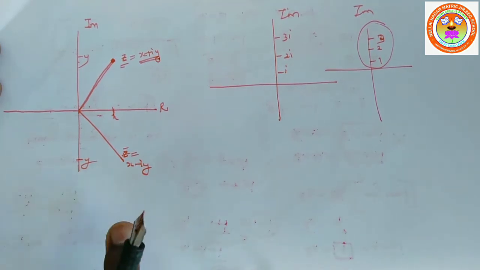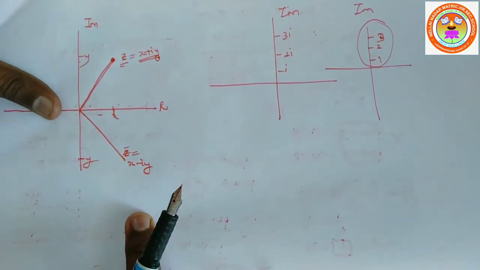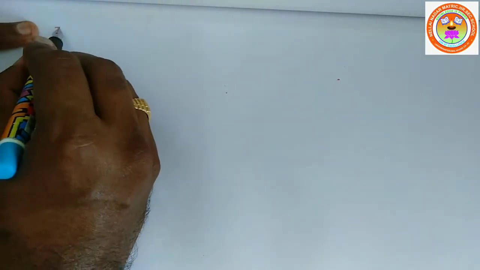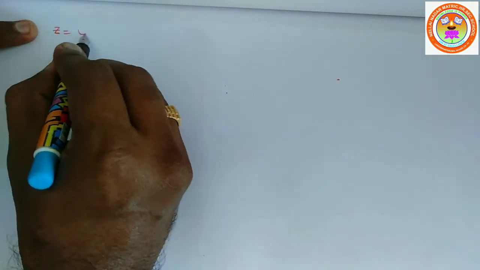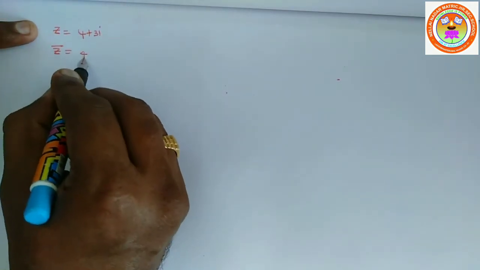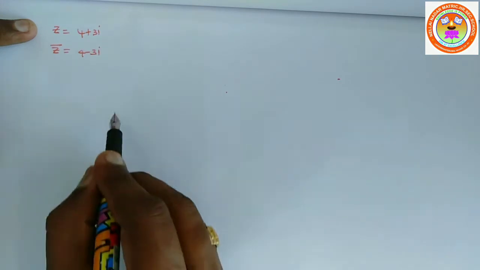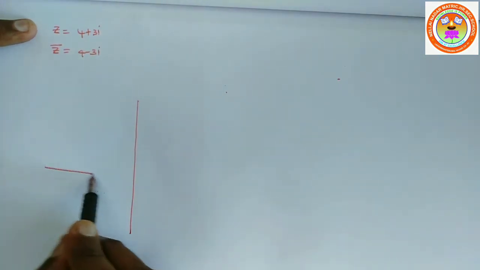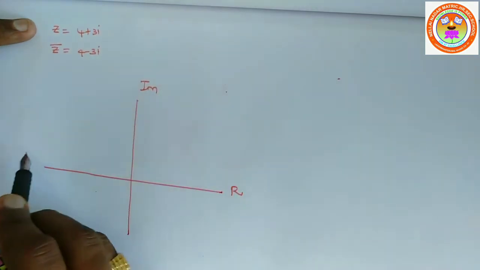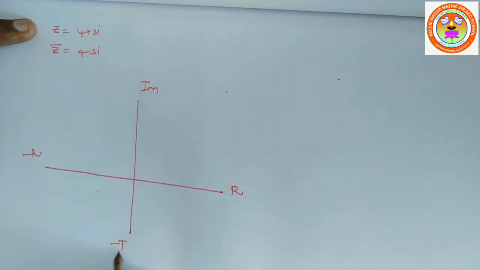Instead of this, I will give you an example in numbers. For example, if I take z as 4 plus 3i, what is the conjugate z bar? Nothing but 4 minus 3i. So I give it in graphical representation. This will be the real line, this the imaginary, this minus real, this minus imaginary.